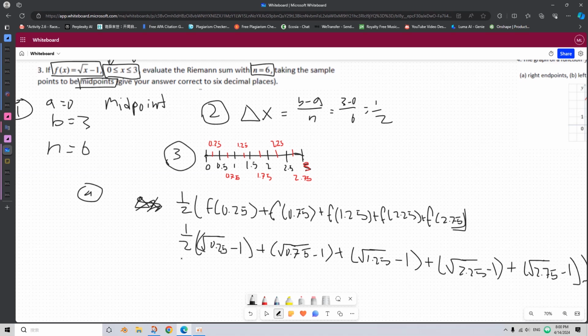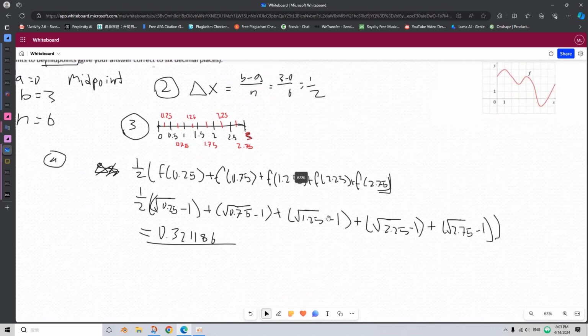And then you plug all of this into your calculator, and you get the correct answer. Well, let me try my calculator. Oh, I missed one.